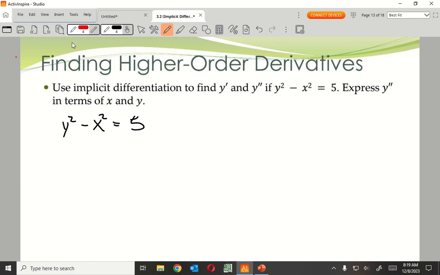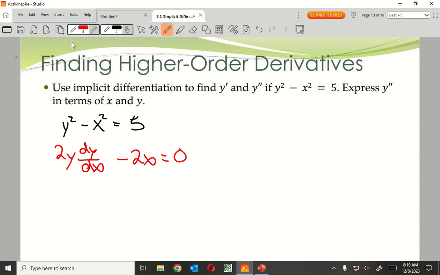So this is going to be 2y dy dx minus the derivative of x squared, 2x, equals, what's the derivative of 5? 0. And I want to try and get my dy dx by itself.